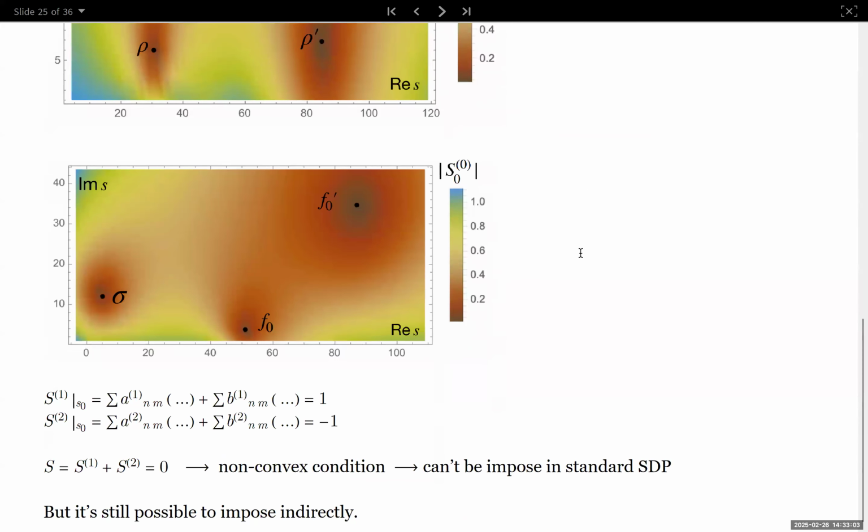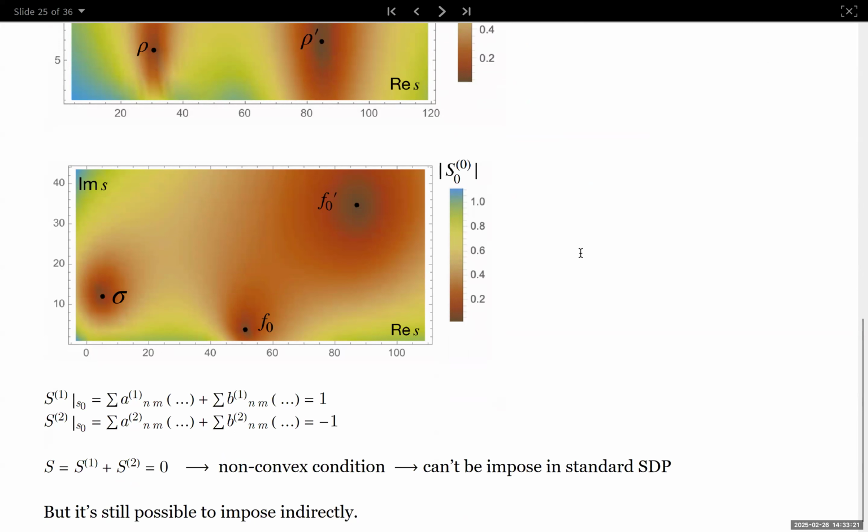However, this condition is hard to impose. The reason is it's non-convex. If we have a solution whose S matrix is 1, and another solution whose S matrix is -1, you add up these two solutions, you get 0. Therefore, a positive linear combination of solutions is not a solution.